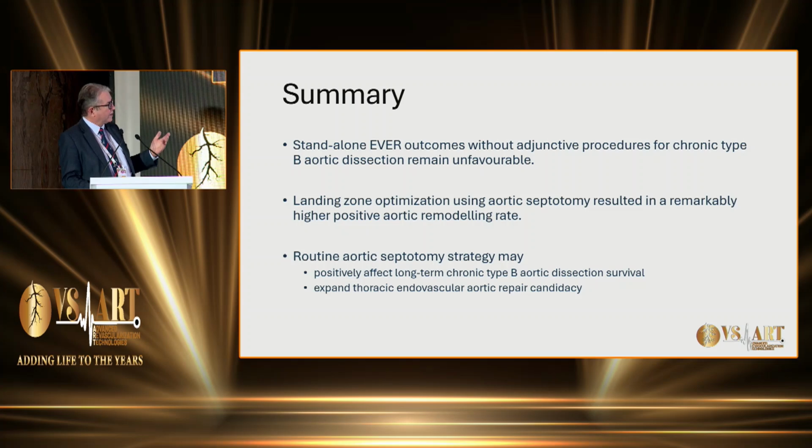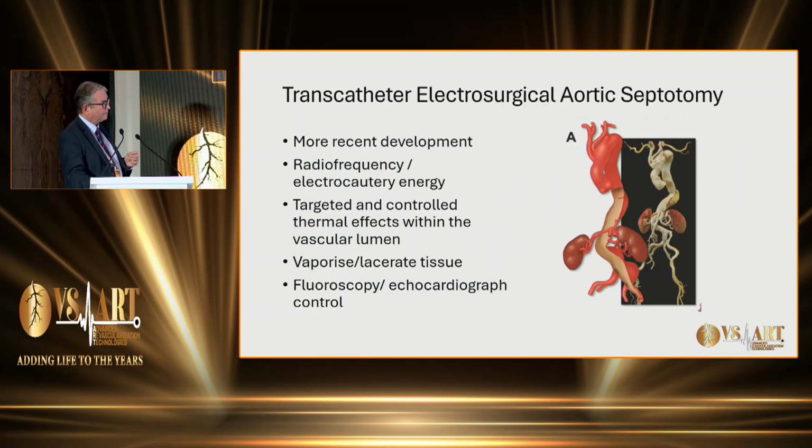So they thought that standalone EVAR outcomes without septotomy for chronic type B dissections had unfavorable outcomes. You needed to do more work. And if you could optimize the landing zones, you got a better result in the first instance and also in the long term. And it may actually improve the number of patients that are suitable for treatment with endografts.